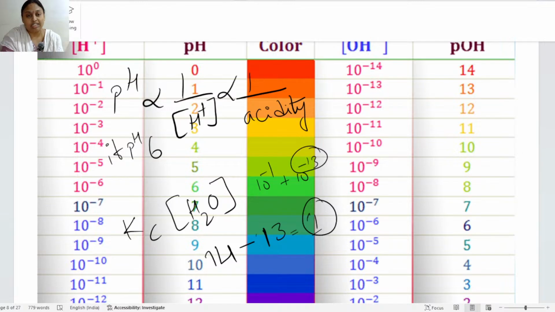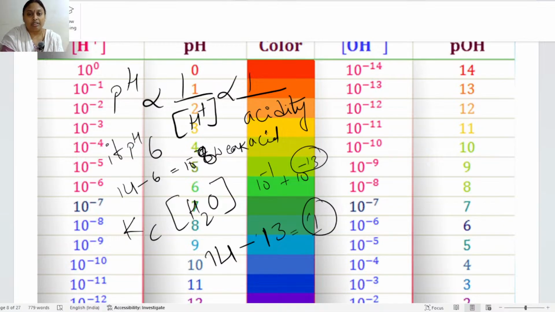Here 6 is nothing but a higher pH. Then automatically H plus ions concentration will be 14 minus 6. Then how much are we getting? 10 power minus 8. It will be considered as a weak acid.